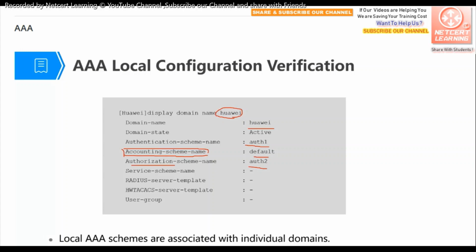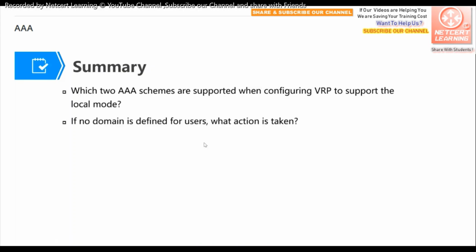By the way, the AR router does not support accounting, so we don't need to configure the accounting scheme locally on the AR router. If we want to use the accounting function, we must use a remote server, for example, a RADIUS server, to achieve the accounting function.